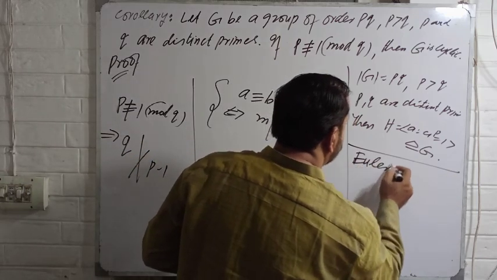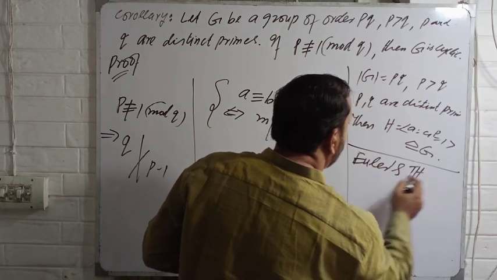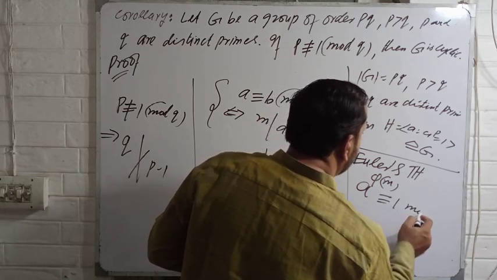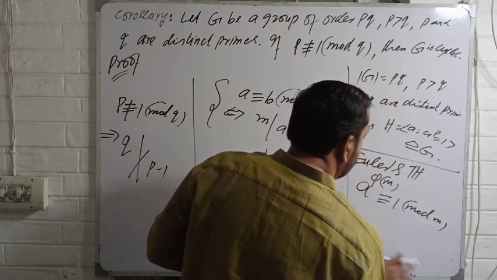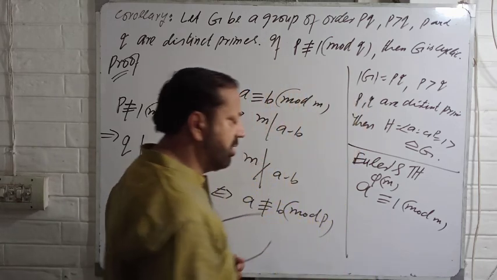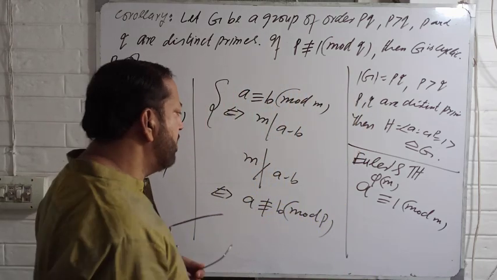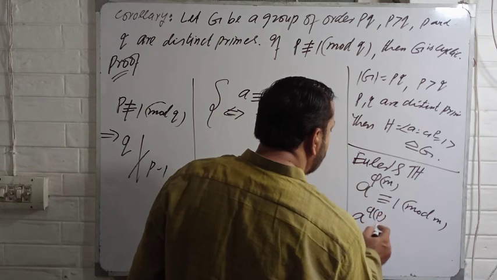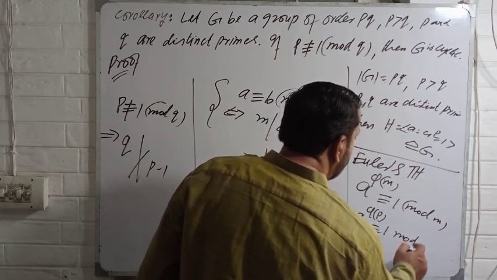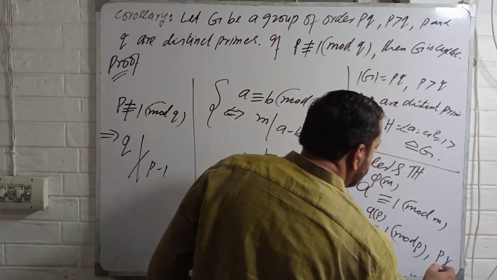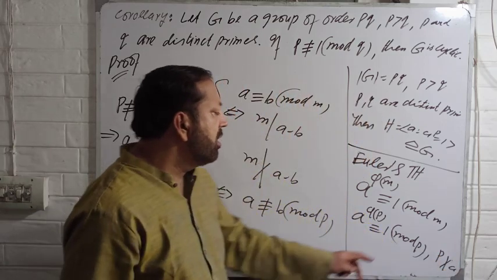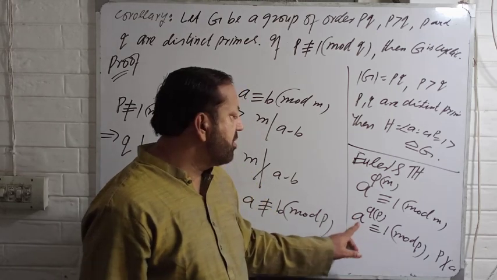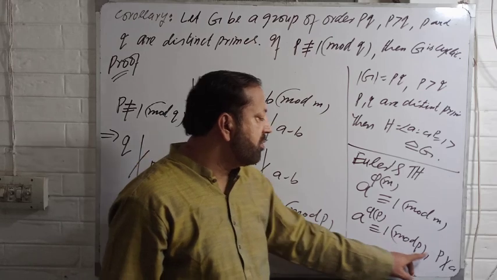Euler's theorem says that A power phi of M is congruent to 1 mod M. If you want to write this for P, then A power phi of P is congruent to 1 mod P. Here you will write that P does not divide A, because if P is a divisor of A, then this must be 0 modulo P.